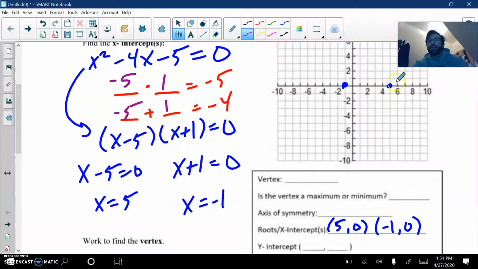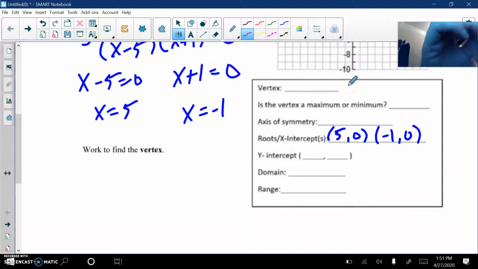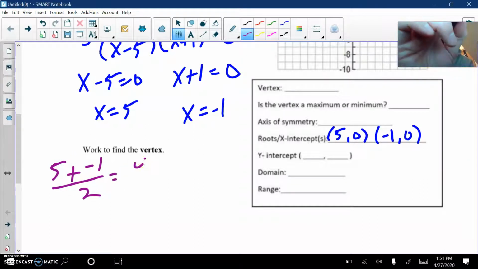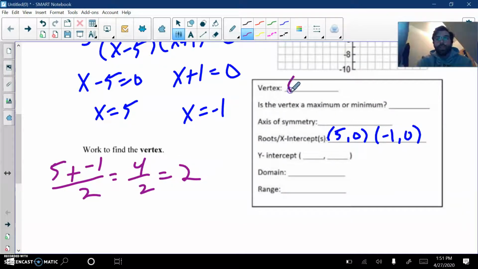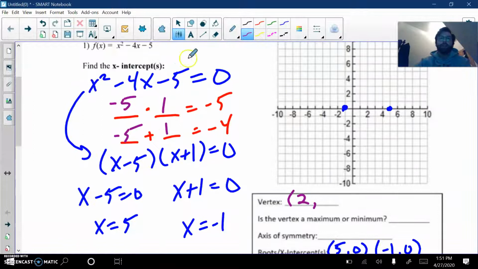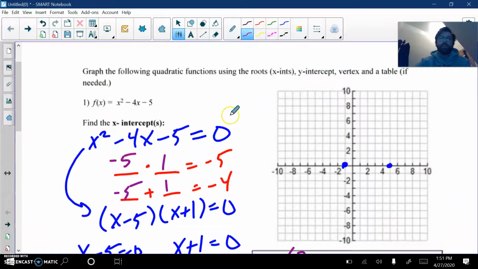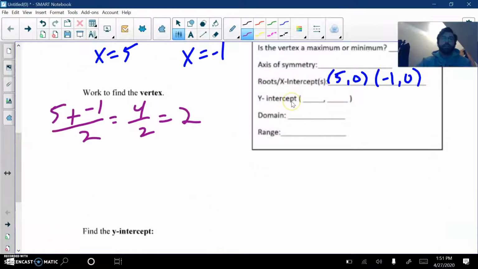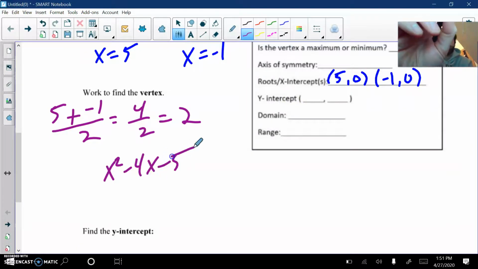All right. Next, I want to find the vertex. To find the vertex, I can count to the middle using the graph, or I can do the actual work by finding the average of my two x values: 5 plus negative 1 over 2, which is 4 over 2, which is 2. So the x value of my vertex is 2. How am I going to find the y value? I'm going to plug it back into the original function, x squared minus 4x minus 5.